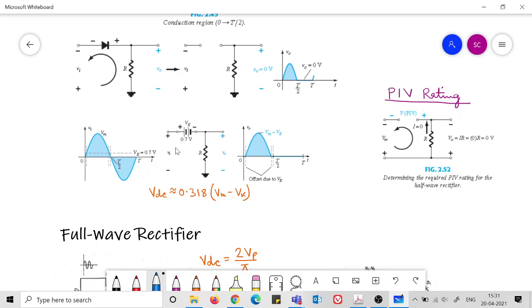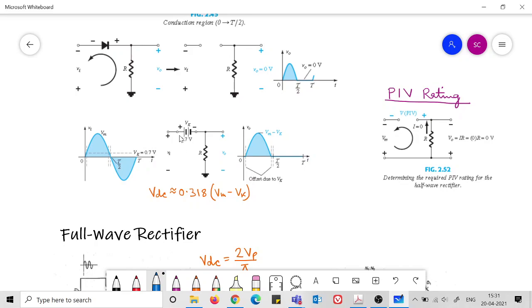Now what happens? The diode conducts only after the Vi has gone past 0.7 volt. When the Vi is less than 0.7 volt, the diode is open. Only when it is more than 0.7 volt does conduction take place, and then V0 is Vi minus 0.7 volt.